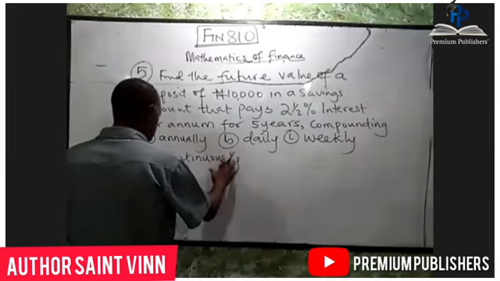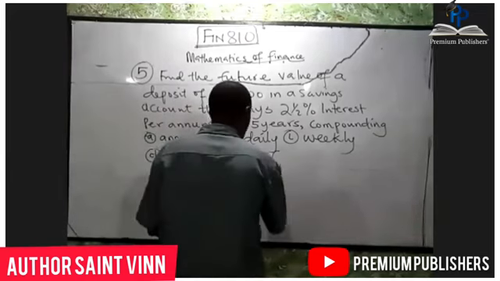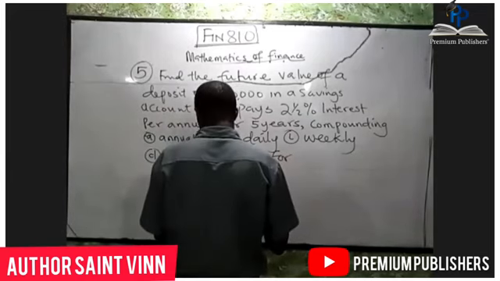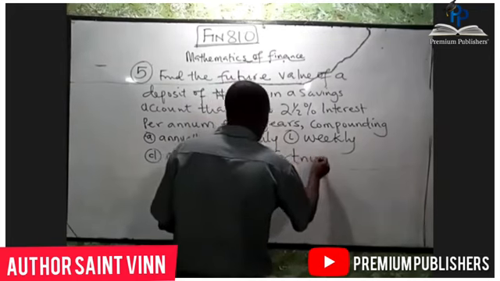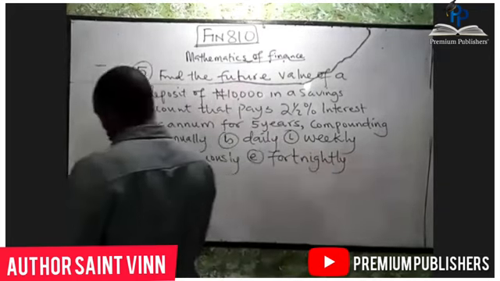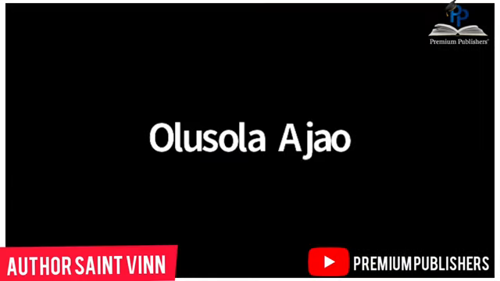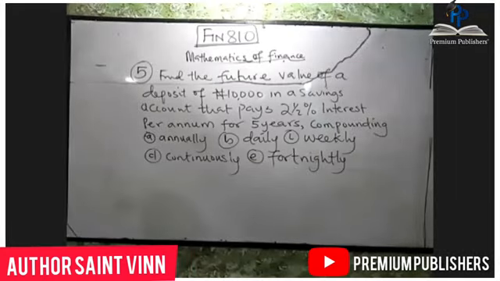Fortnightly, and so on. That means it could be biannually, it could be semi-annually. Semi-annually means 6 months. Biannually means also 6 months.